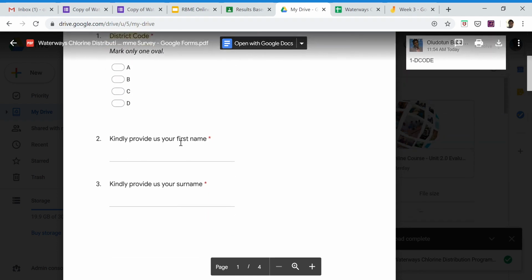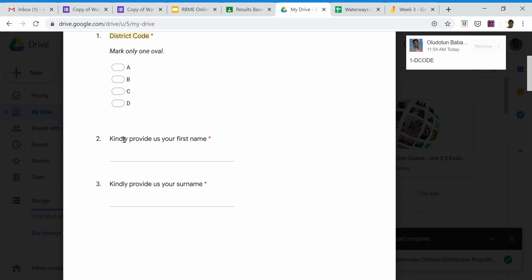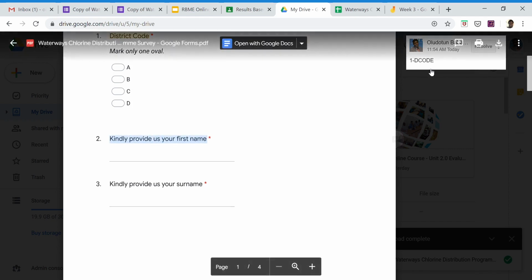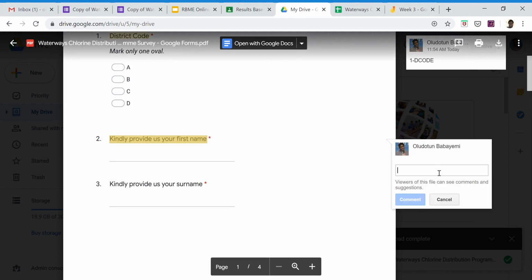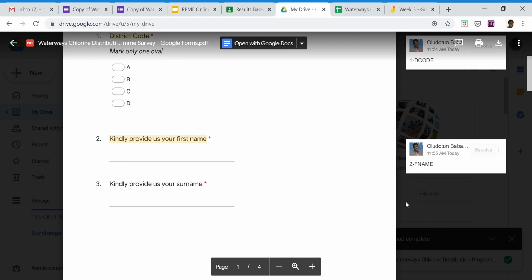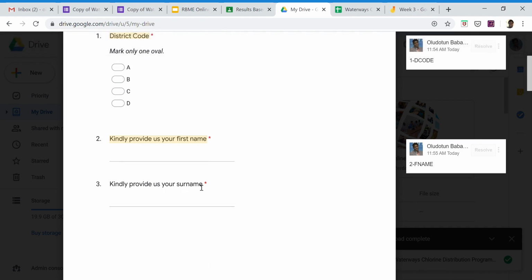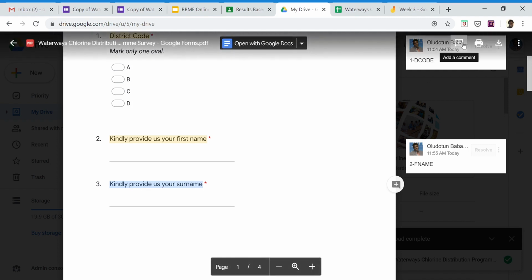So I have a name, and I can do this as 2f name, which means first name, right? And my surname. Let me comment on surname.